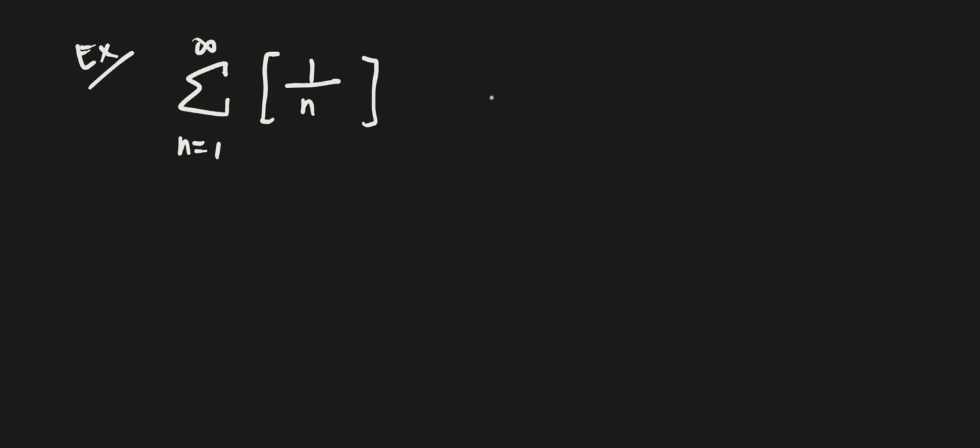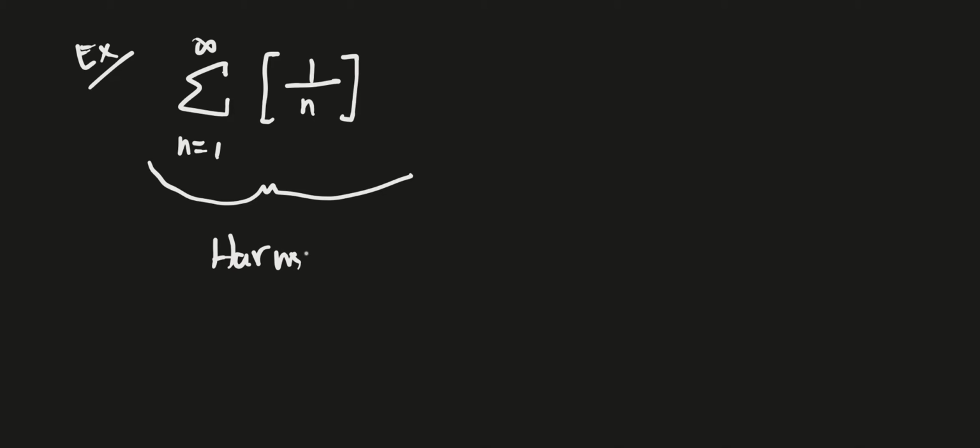Does this converge or diverge? Well, this is a popular series. This is the harmonic series, in case you don't know. I'll make a separate video on p-series and harmonic series. It's a pretty big topic. When you learn it, you'll know that it's divergent.